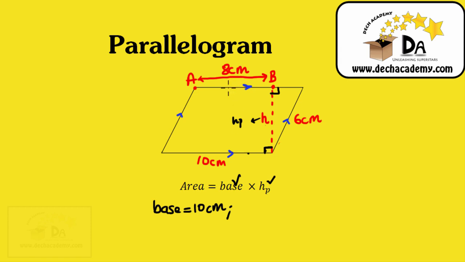Given that this side is parallel to this side, the chosen base, the vertical line must also be perpendicular to this side, which means that what we have in this region here, which I'll just shade, is a right angle triangle.